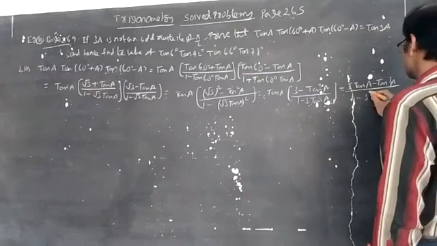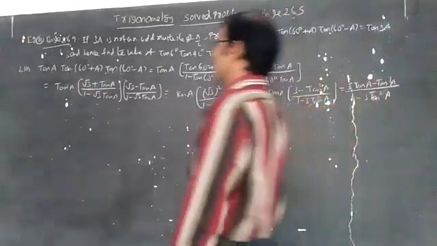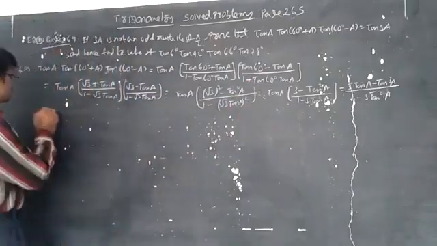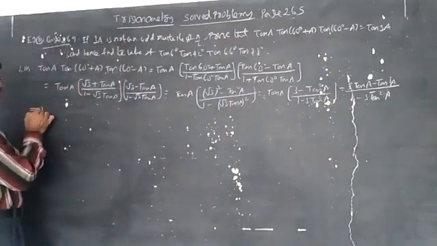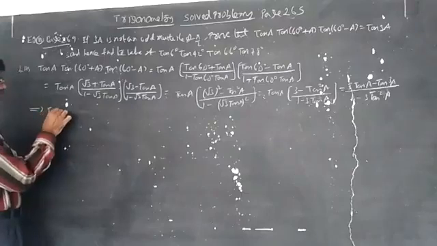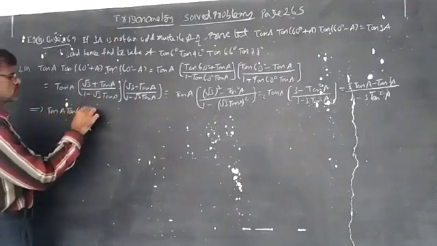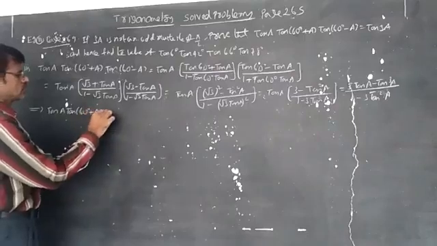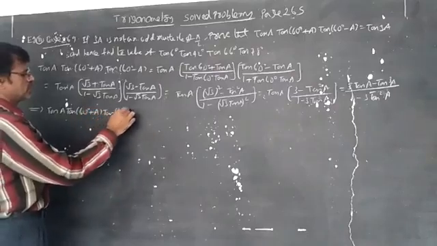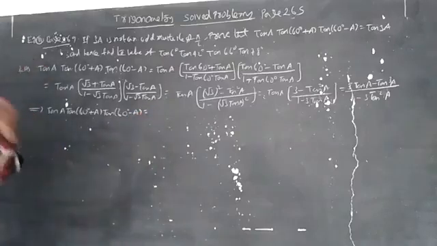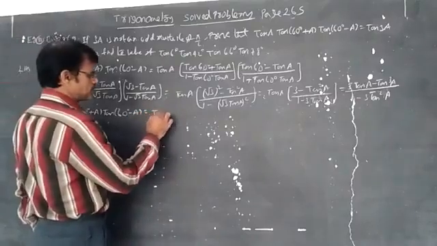So this is the tan 3a formula. 3 tan a minus tan cube a by 1 minus 3 tan square a is nothing but tan 3a. That implies we can say that tan a into tan 60 plus a into tan 60 minus a is equal to tan 3a.